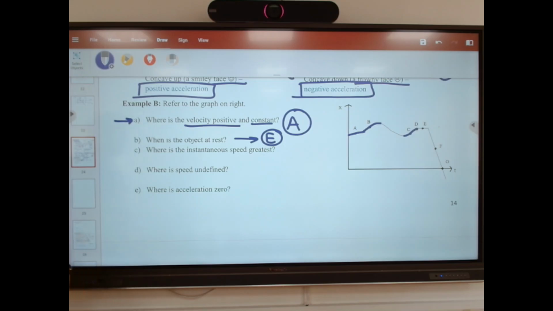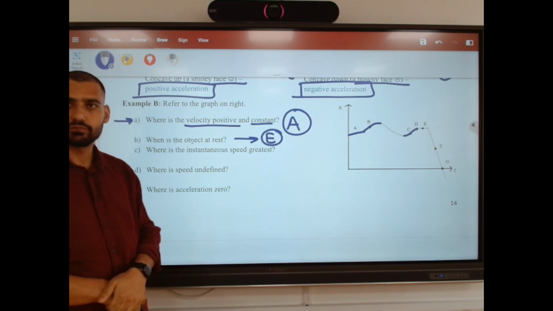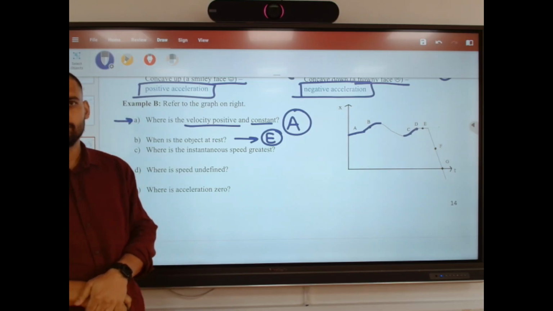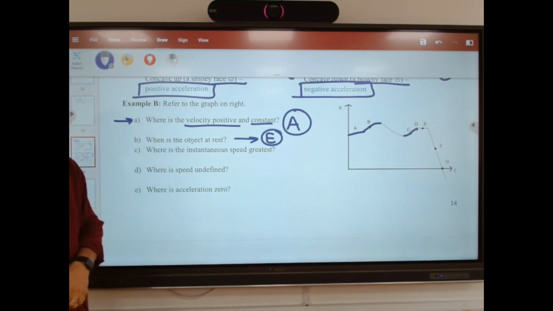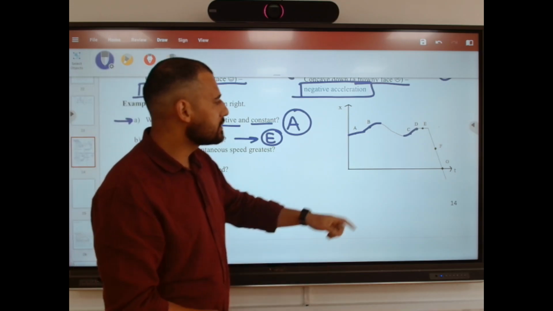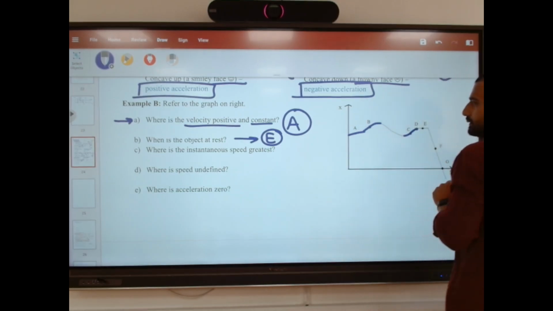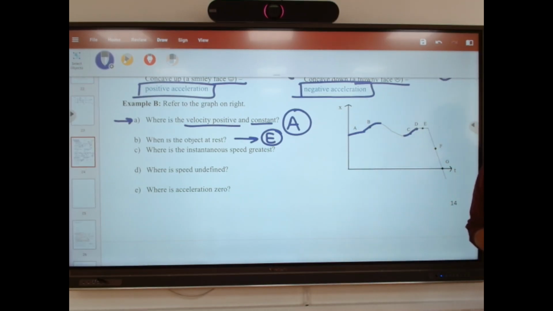Negative direction. Can it be in the negative direction? Someone is saying B. G. B or G? If you are saying G, why not F?